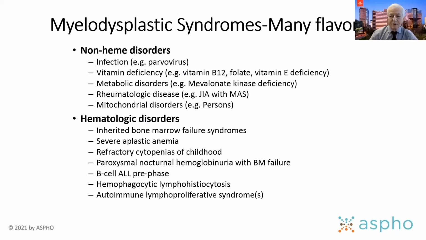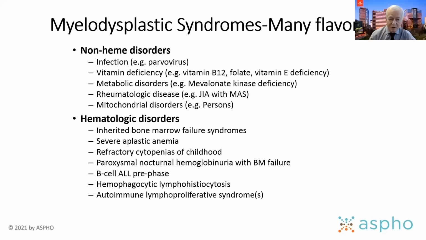The diagnosis of these patients is often complicated because they come also within the context of non-heme disorders, and there are patients with chronic infections, especially parvovirus, who develop a myelodysplastic syndrome, as well as vitamin deficiencies, metabolic disorders, rheumatologic disease, and mitochondrial disorders.